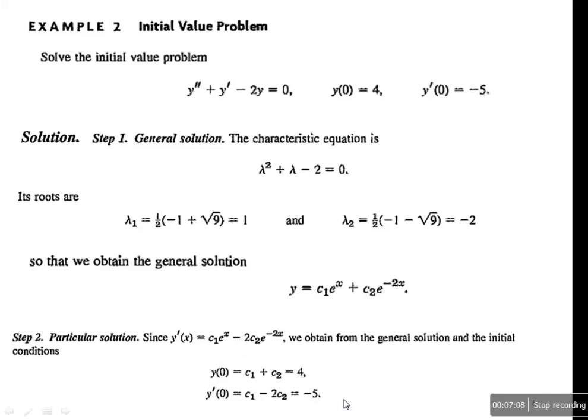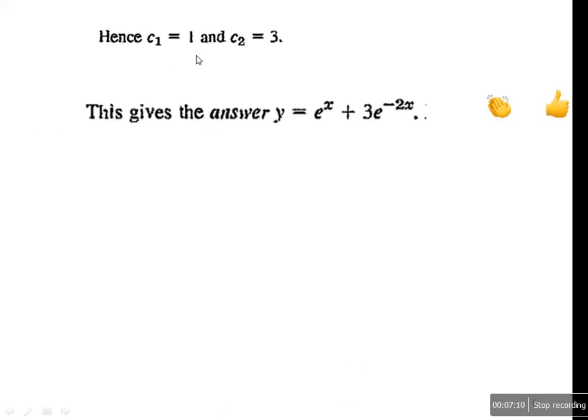From the two equations I have got C1 equal to 1 and C2 equal to 3. So the answer is y equal to e^x plus 3e^(minus 2x).